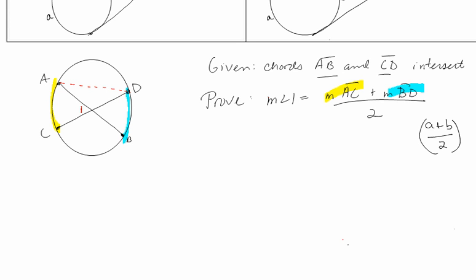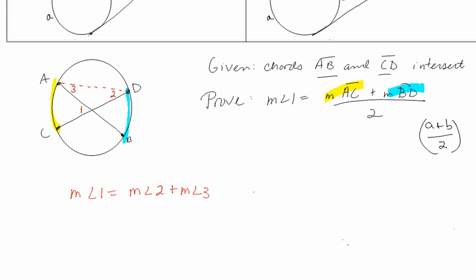With my auxiliary line, you might notice that I've created a triangle. And I'm going to go ahead and label a couple more angles in that triangle, angle 2 and angle 3. This particular idea has come up a little bit in the past few days, that the measure of angle 1 is equal to the measure of angle 2 plus the measure of angle 3.